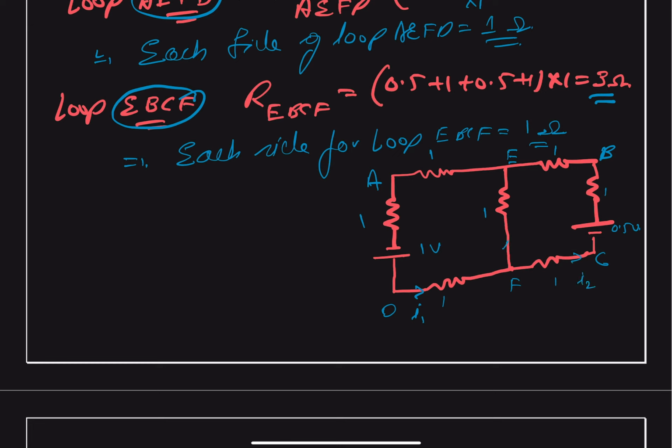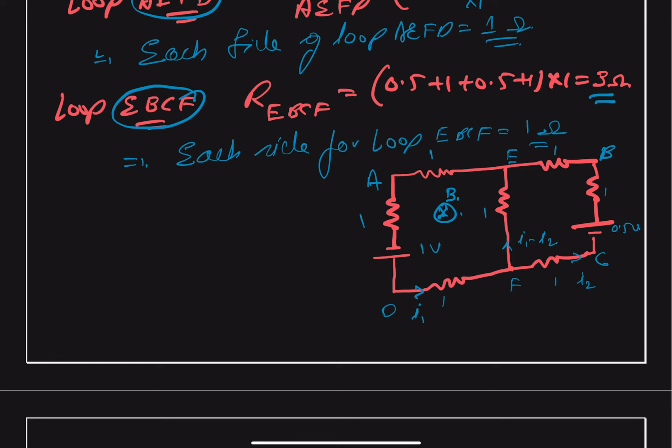So from here we are going to have current I1 minus I2, and the magnetic field is into the loop, which is changing by the rate which is given to us.